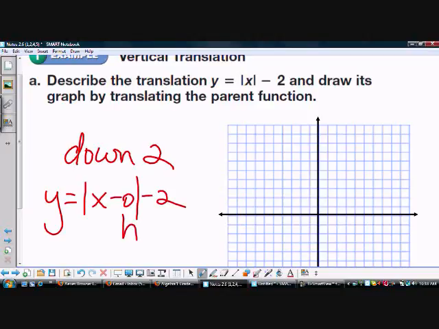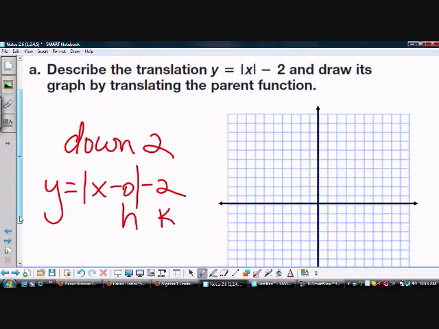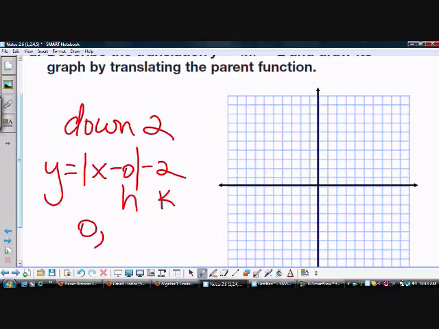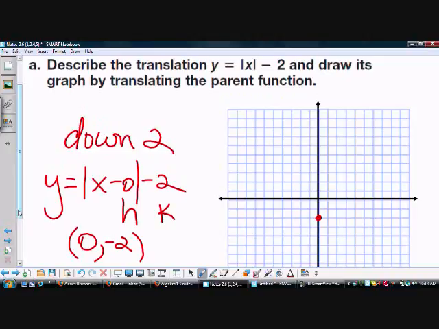So my h is 0, my k is negative 2. So my vertex is at 0, negative 2. My slope, the A number, there's no number here to the left of the absolute value, so my slope is 1. So that means the slope on the right is 1, up 1, right 1, boom. Slope on the left is negative 1, which is up 1, left 1, boom.